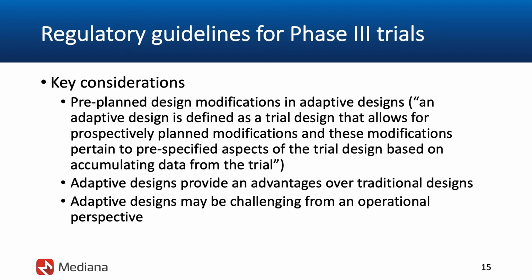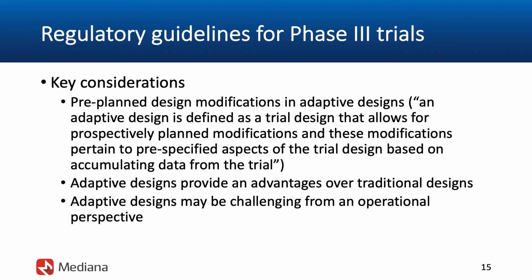And if you look at the definition of an adaptive design given in the FDA guideline, as you can see on the slide, the formal definition states that an adaptive design is defined as a trial design that allows for prospectively planned modifications, and these modifications pertain to pre-specified aspects of the trial design based on accumulating data from the trial.